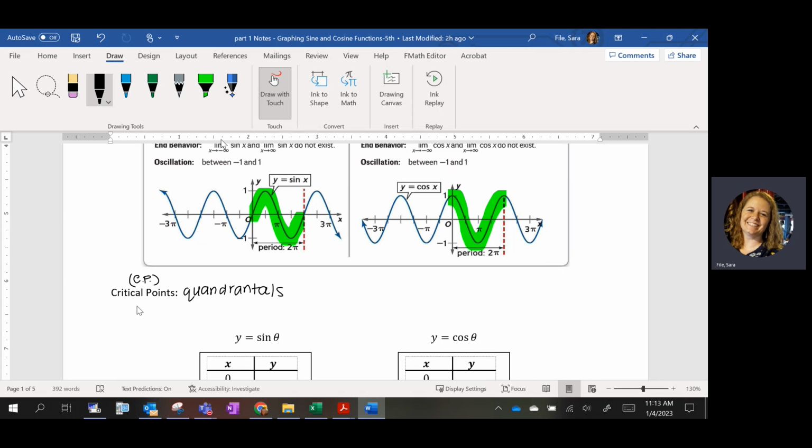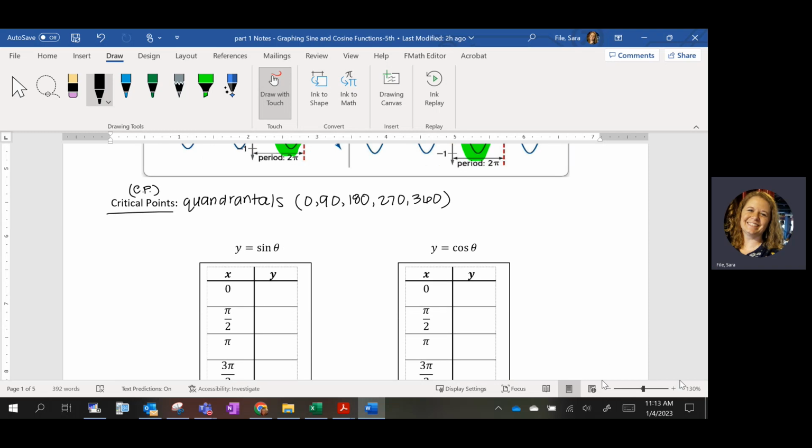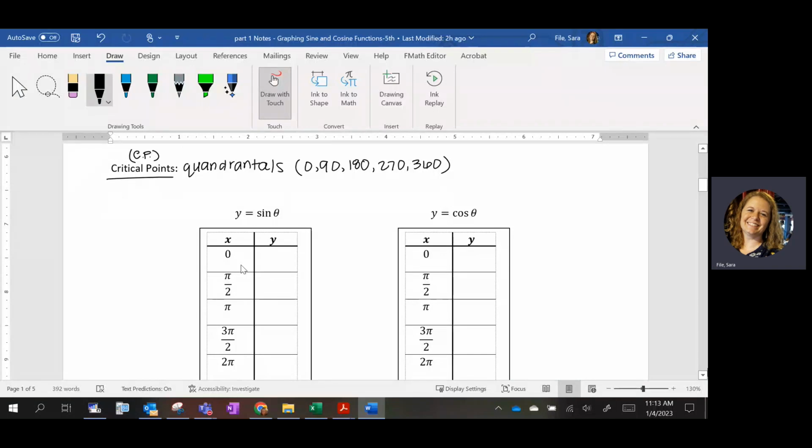We are only going to graph these critical points, and there's 5 of them because it's in degrees, it's 0, 90, 180, 270, and 360. In radians, you can see here in these tables just beneath this, we're going to be using radians more often. It's 0, pi halves, pi, 3 pi halves, 2 pi. Okay, but those are our quadrantals.